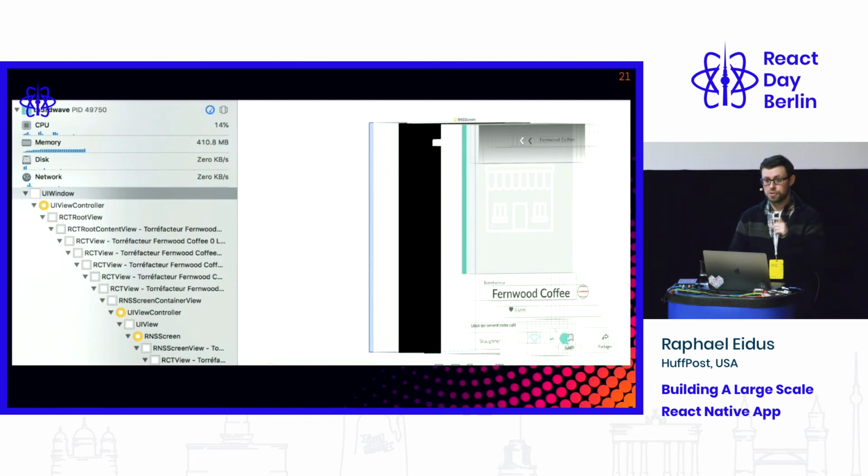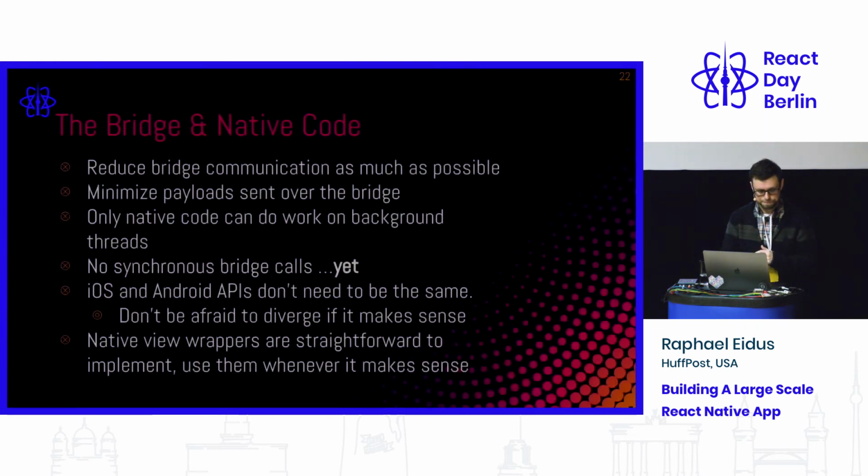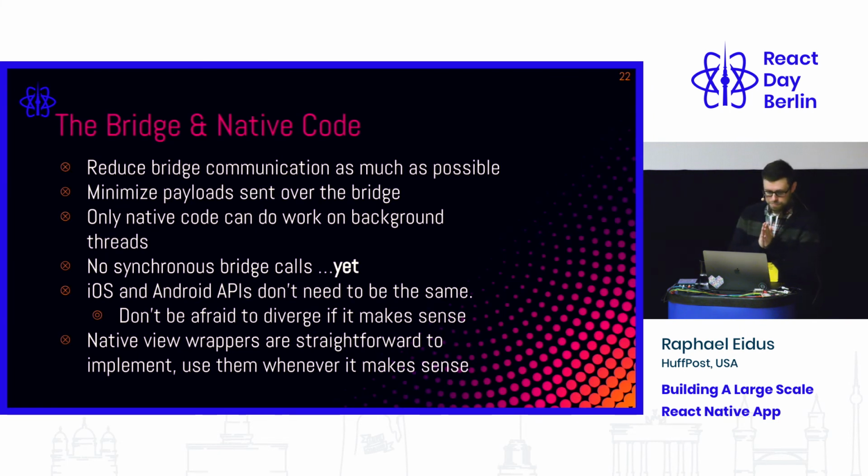This was 1 additional library and 2 lines of code, and it's about half the memory footprint. So there are new things being done to address this, but with your navigation structure, you are going to want to look out for memory usage. So yeah, the bridge and native code.